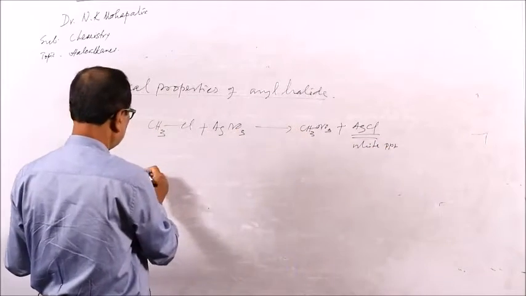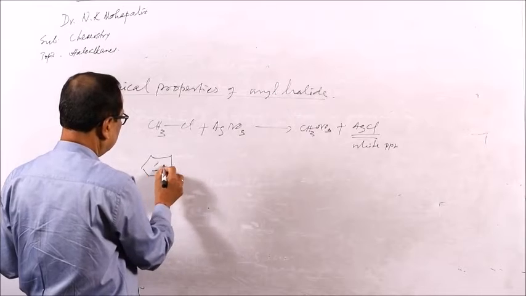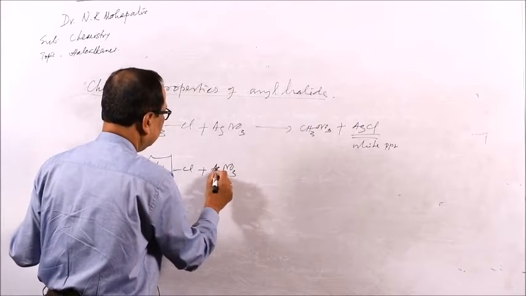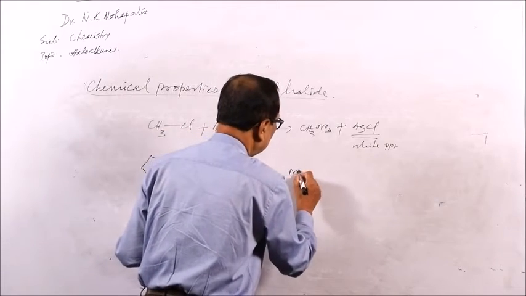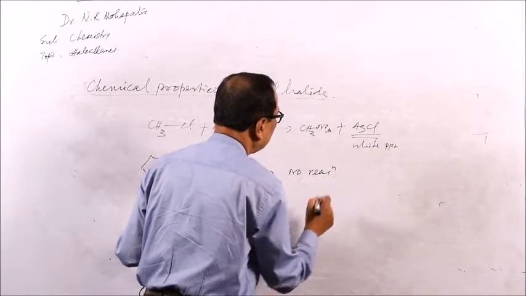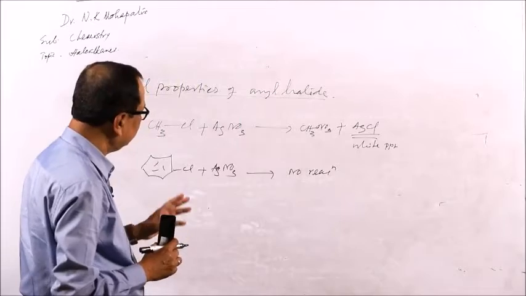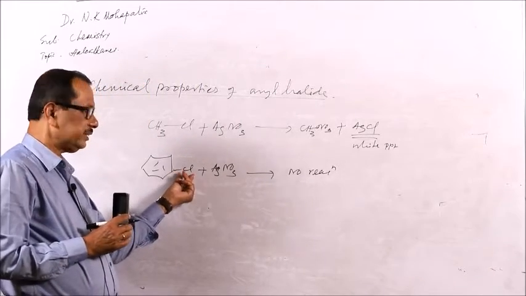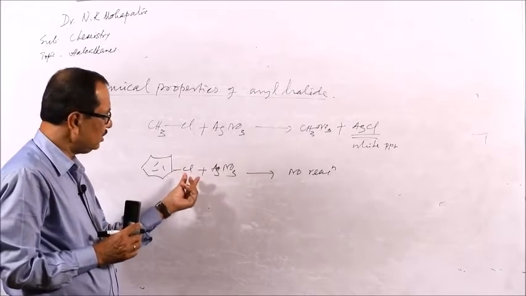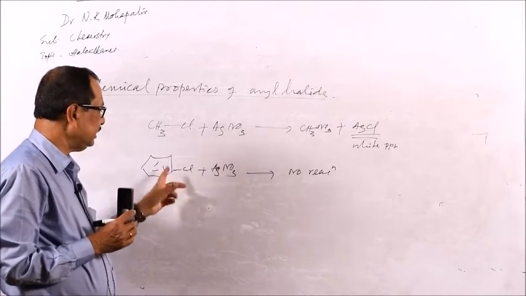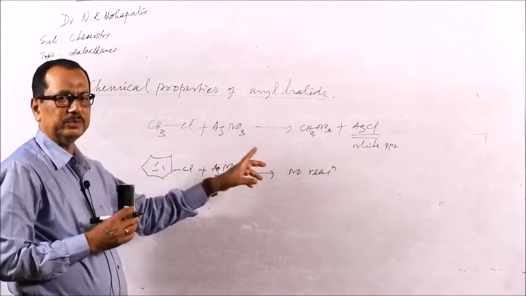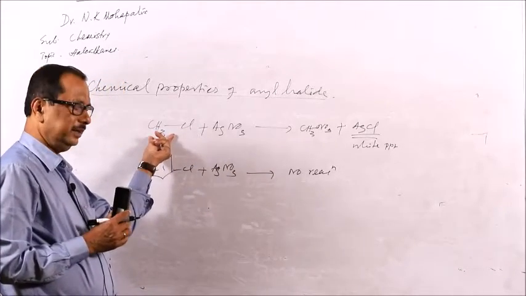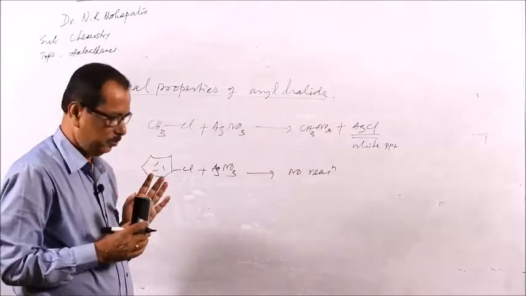But the same reaction with chlorobenzene plus AgNO3 gives no reaction, no white precipitate. It is because of the stronger carbon halogen bond, or the inertness of this halogen. So this explains that the halogen atom in the benzene ring is inert to nucleophiles, whereas the halogen atom in alkyl halide is very reactive.